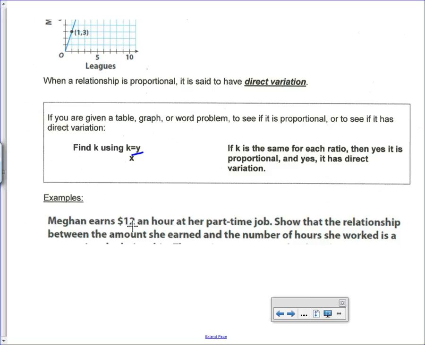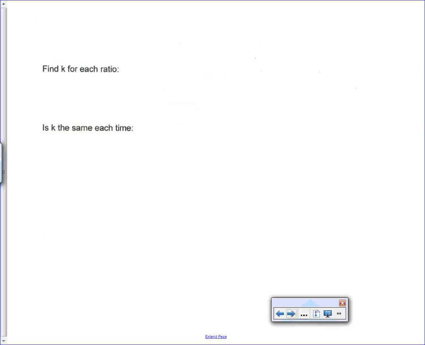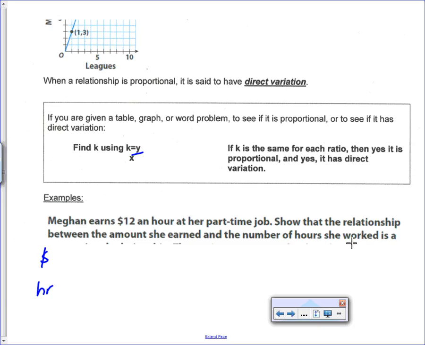Megan earns $12 an hour at her part-time job. So this is dollars per hour. Show that the relationship between the amount she earned and the number of hours she worked is proportional. This is part of my notes.